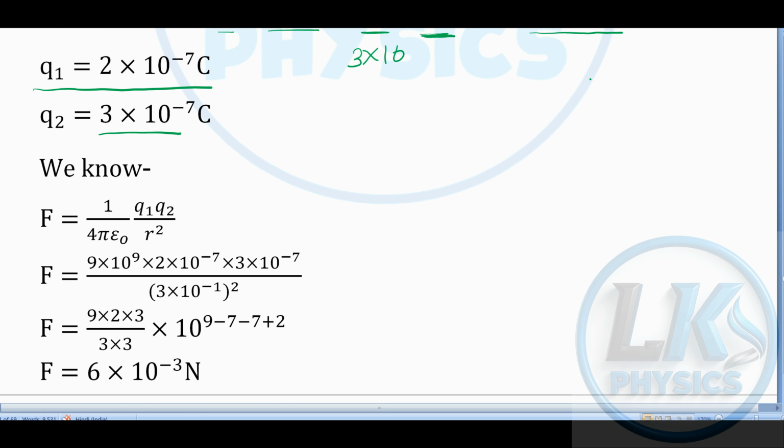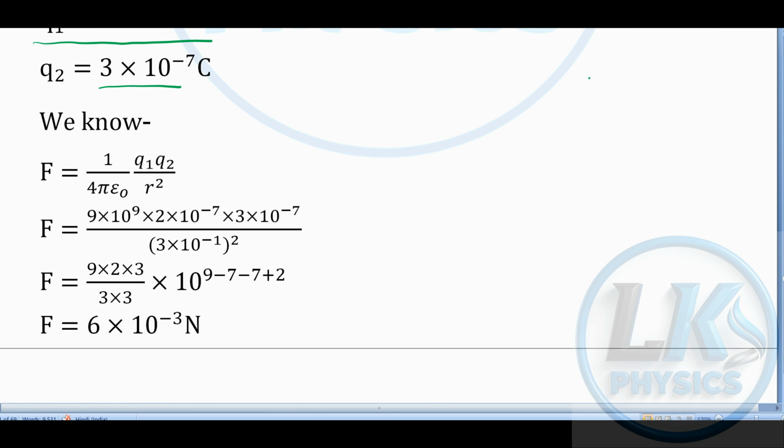We know the formula for force, F equal to 1 upon 4 pi epsilon naught Q1 Q2 upon r square, from Coulomb's law. By putting these values, the value of 1 upon 4 pi epsilon naught is 9 into 10 raised to power 9.